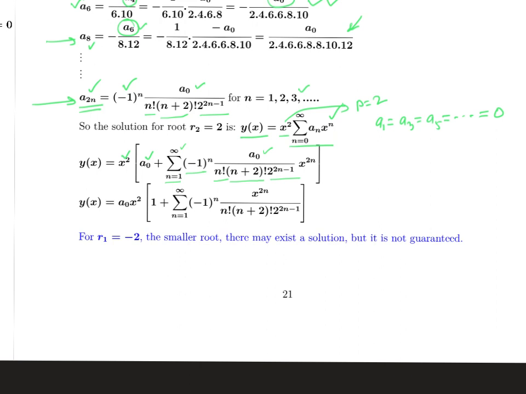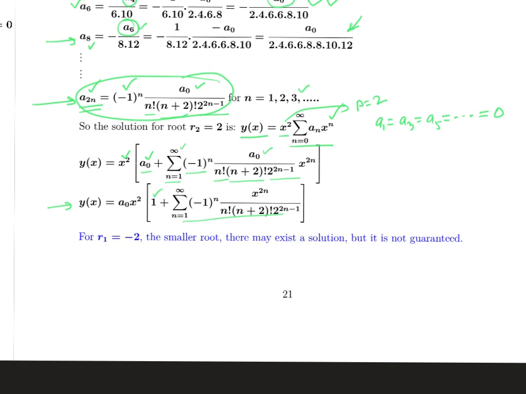And this is exactly what we've got right here. And if I simplify it a little bit more, just factor out the a sub 0, it is going to give me y of x is equal to a sub 0 times x squared times 1 plus the summation of this, which starts from 1 to infinity.